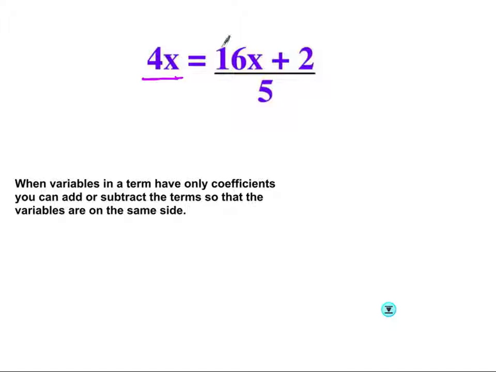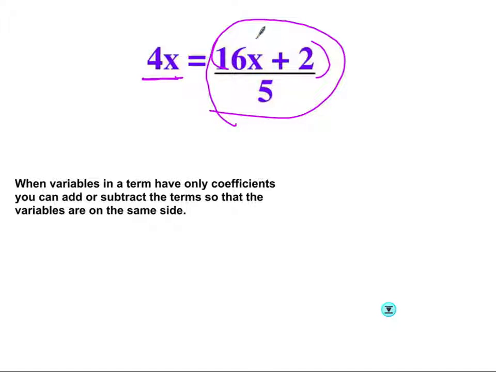But notice this 16 right here, I am not allowed to subtract 16 to move it to the other side right away. That is not allowed because this 16x plus 2 is the numerator, and then 5 is the denominator. So this whole thing is actually one single term.